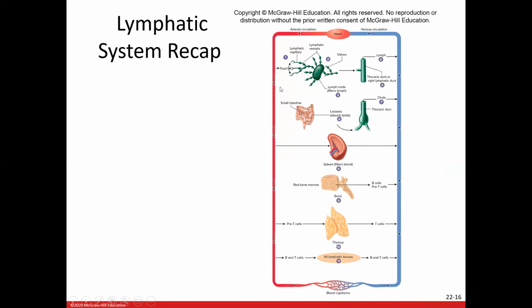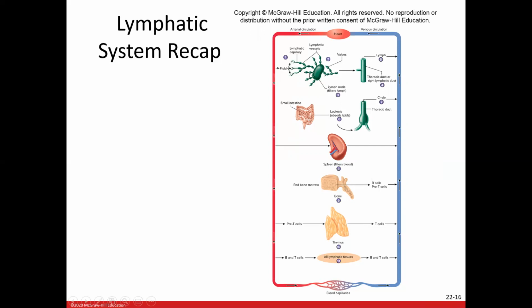When the blood gets to the capillaries, some of that fluid will be filtered into the lymphatic capillaries. Those lymphatic capillaries will run into your lymphatic vessels, which have valves. Those are these little bulbs along the vessels. Those valves prevent the fluid from flowing backwards. Again, make sure it is unidirectional.